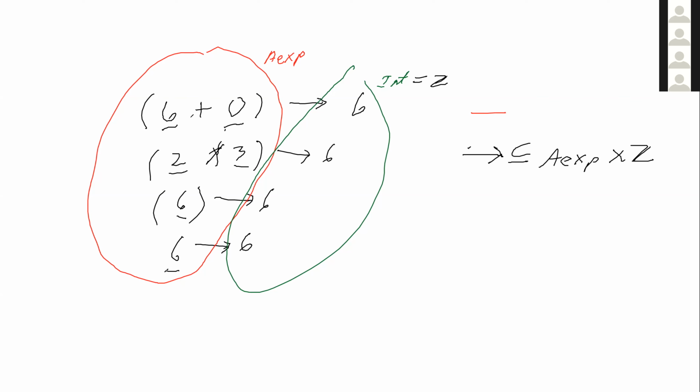So there's lots of A expressions. And really, the way to think about these A expressions, like I was saying before, is that you should think of something like 6 plus 0. This really is an abstract syntax tree, an AST, that looks like this.